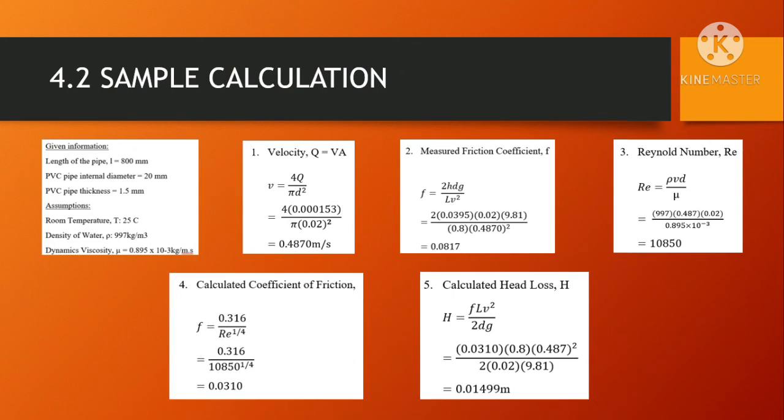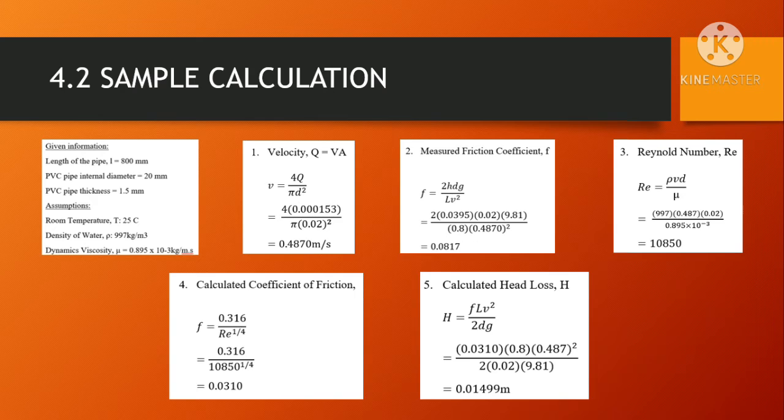So next we go on 4.2, which is sample calculation. This calculation shows how we get the data from the previous table. The given information is the length of the pipe is 800 mm, the internal diameter is 20 mm, and the pipe thickness is 1.5 mm.